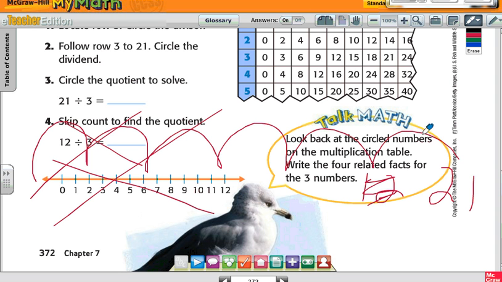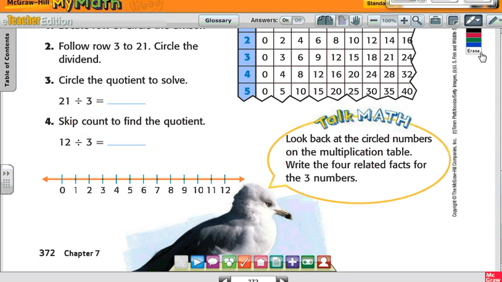So that would be 1, 2, 3, 4, 5, 6. Wait a minute, I messed up. So 0, 3, 6, 9, 12, 15, 18, and 21. So that would be 1, 2, 3, 4, 5, 6, 7. 7 jumps. All right. They didn't have that because they misprinted. This should be 21 instead of 12.